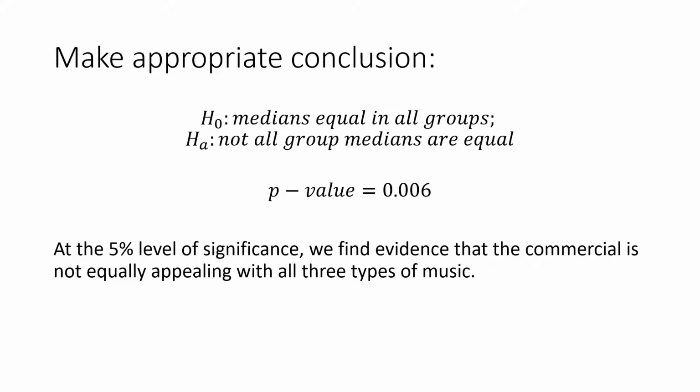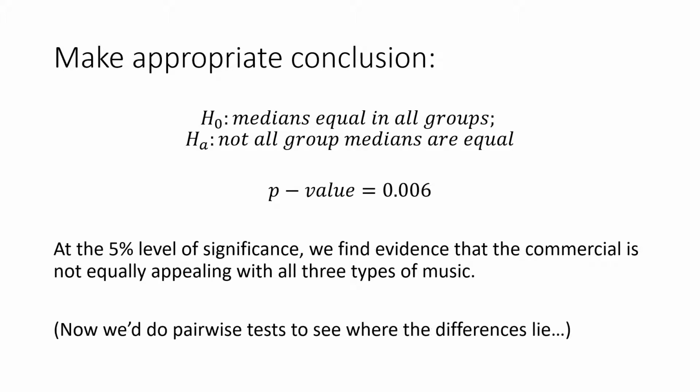Now, that alone is not a particularly useful conclusion, so I would want to start to think about where those differences lie. So my next step would be to start doing pairwise tests to see where the differences lie. Keep in mind that if my conditions aren't met for using a t-distribution, then I should really think about doing those pairwise comparisons with a Mann-Whitney test.